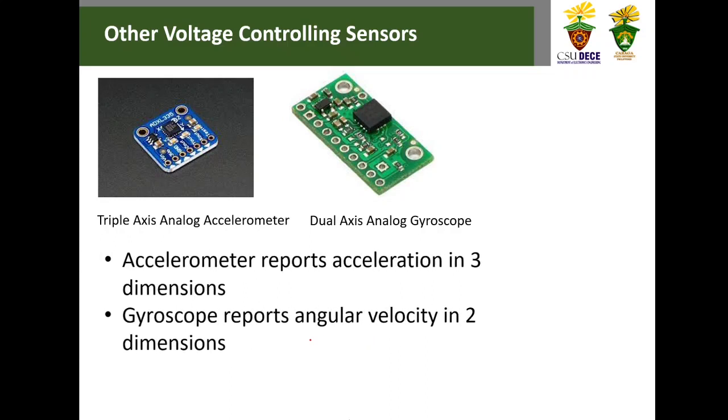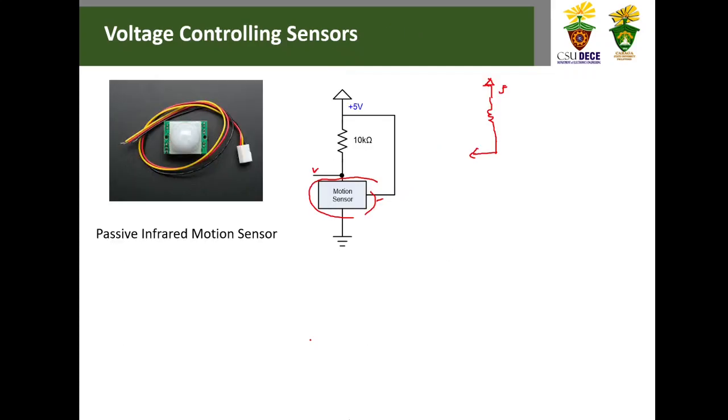The triple axis analog accelerometer, or any accelerometer sensor, reports acceleration in 3 dimensions, and the dual axis gyroscope reports angular velocity in 2 dimensions.